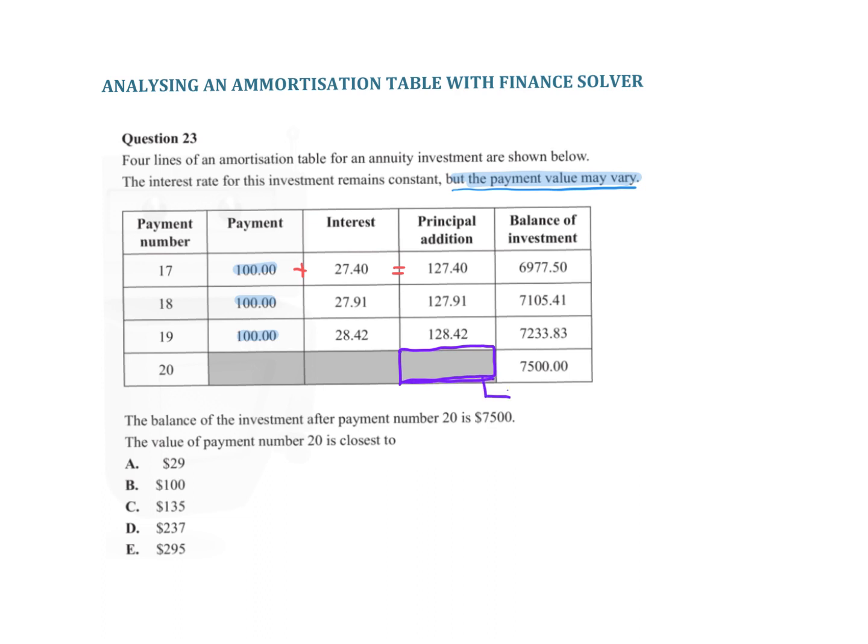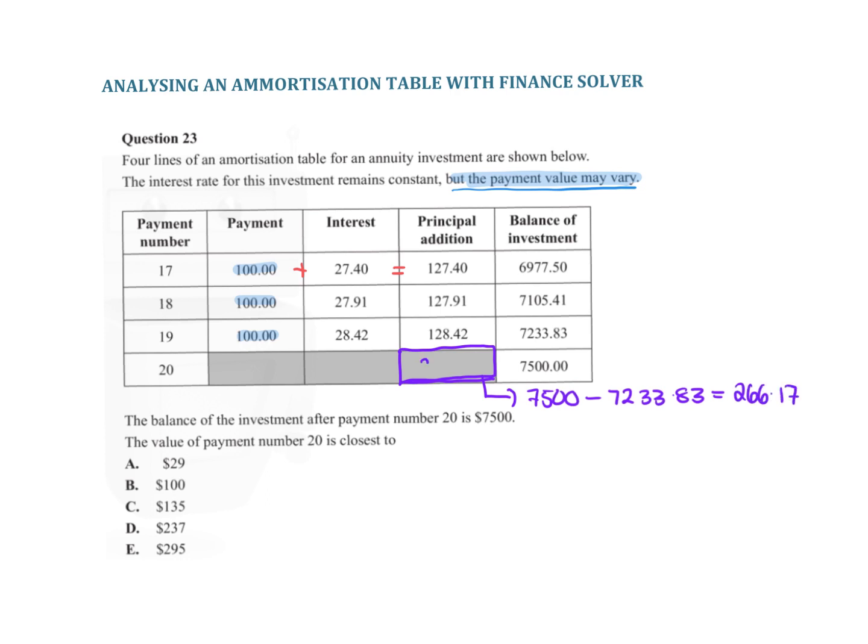So to find this out, it went to 5,000, but before it was 7233.83. So if I minus that, I get 266.17.